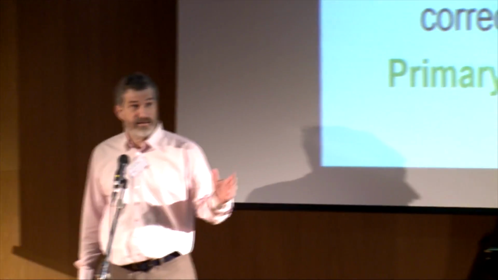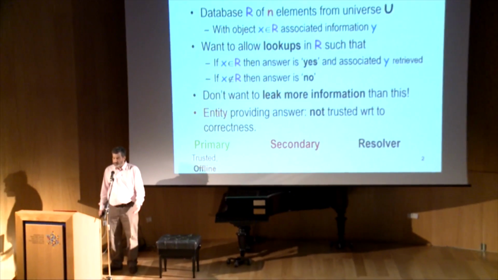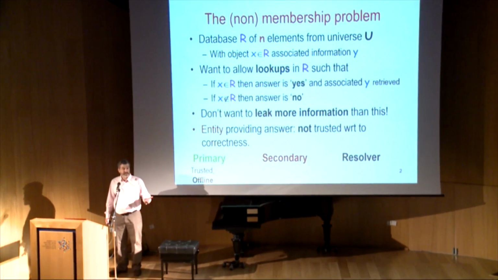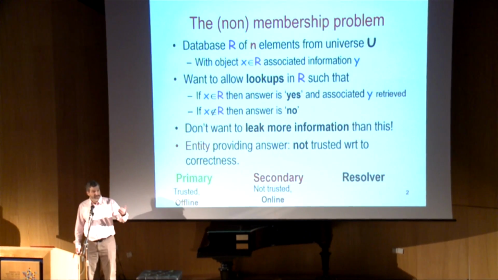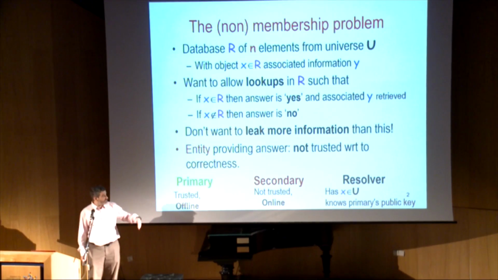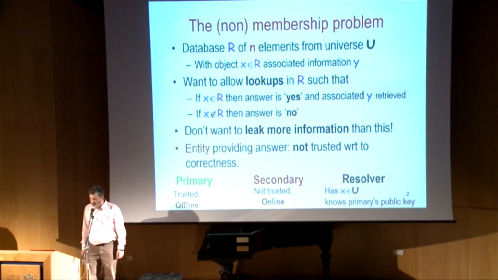So we really think that there are three parties here. We have a primary who created the set or knows the set, and he's completely trusted, but the primary is basically offline. We have the secondary who does all the talking with the resolver. The resolver has some element X in U and wants to determine whether it's in the set or not.